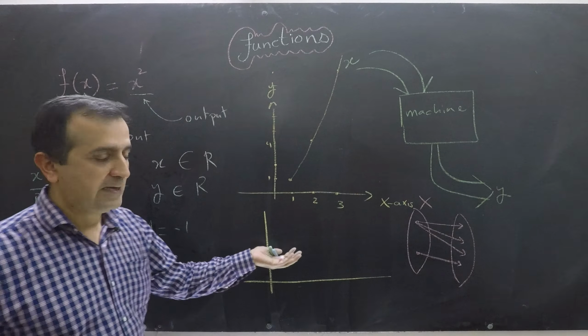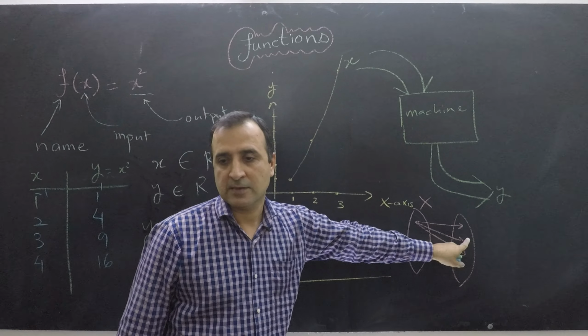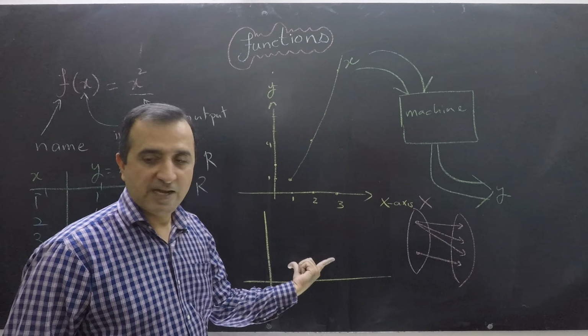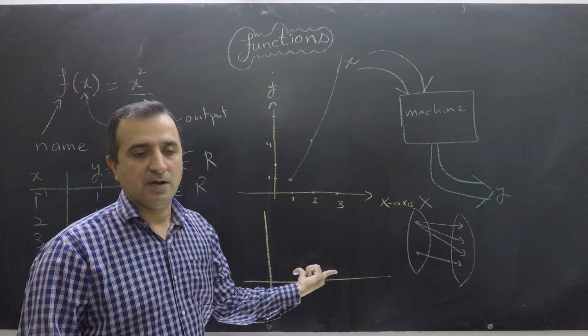A vertical line is the line which is parallel to the y-axis. And if such a line intersects our graph at two different points or more than one point, that means for the same value of x, you have multiple values of y. That means for the same input, you have multiple outputs. That means the graph that you have made does not represent a function.